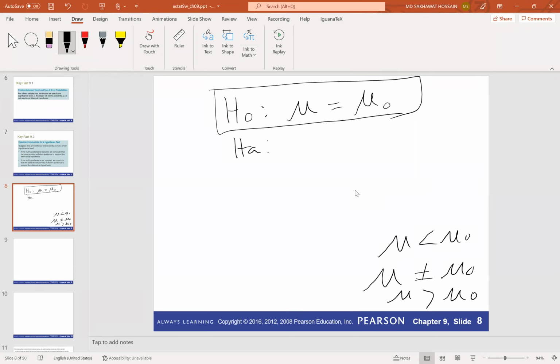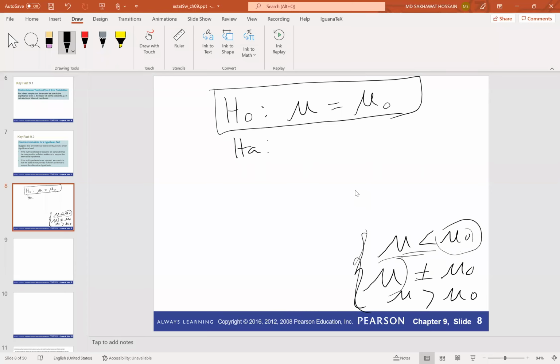So we want to test these 3 cases. The first is that the population mean is less than a specific fixed value, the second is that the population mean is different from a specific value, and the third is that the population mean is greater than a specific value. This hypothesis will determine the tail of the test.